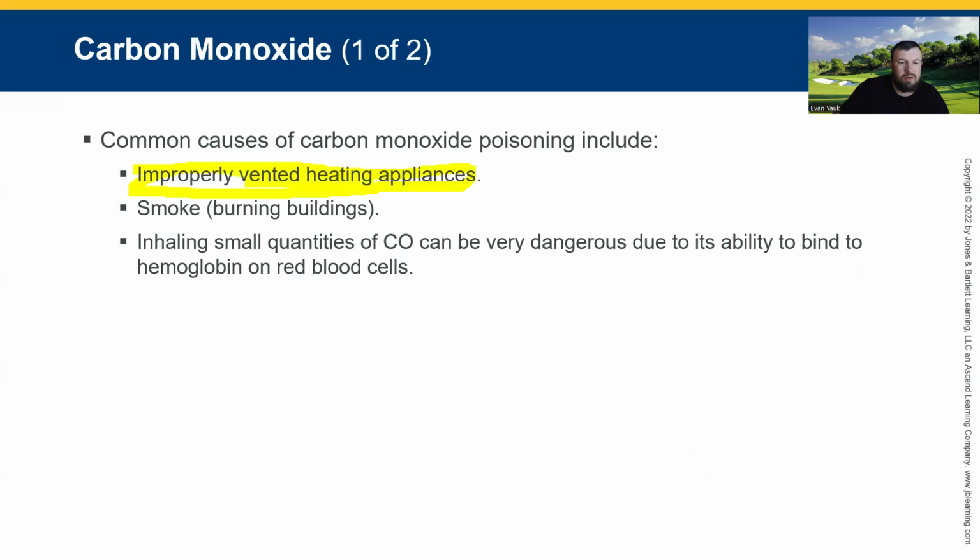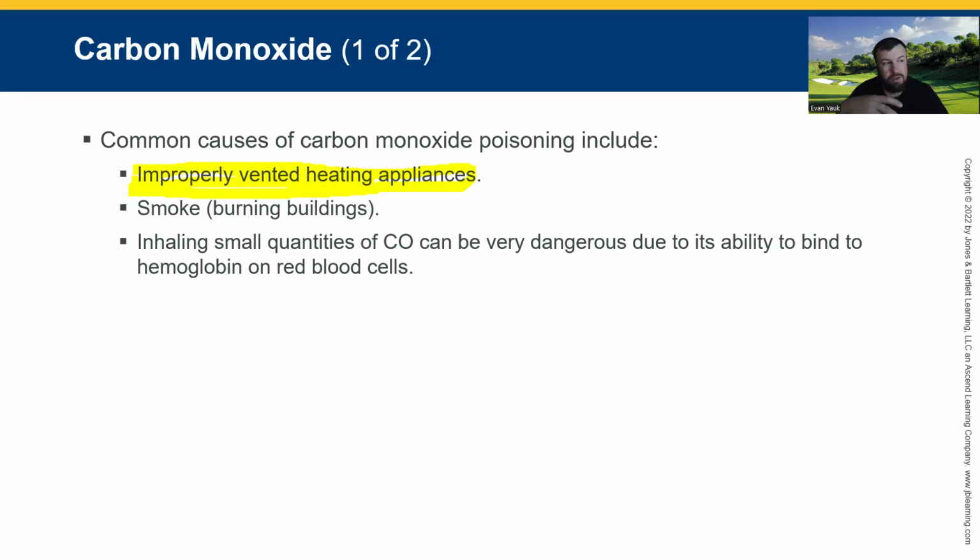The leading cause for carbon monoxide poisoning is improper vented heat appliances, smoke from burning buildings, of course. Inhaled small quantities of CO can be dangerous due to the ability to bind hemoglobin and red blood cells. So we talked about that during respiratory. When we put that pulse ox on someone and we get a reading of 100 and we have a suspicion of carbon monoxide poisoning, it's because carbon monoxide will bond to hemoglobin better than oxygen does.